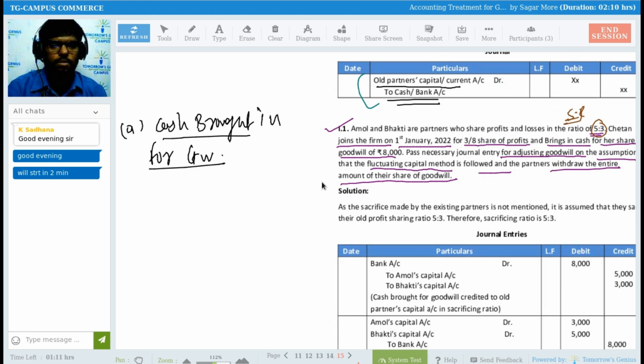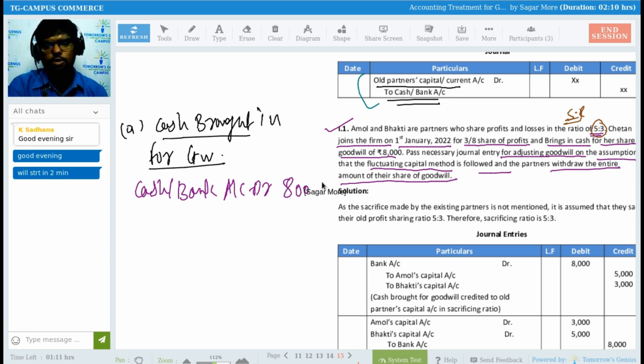Now tell me the entry. So cash comes into the business, so I will be debiting cash or bank account. How much amount comes into the business? 8,000 rupees. The second entry: which method are they following? Fluctuating method, so we have to credit the capital account or current account. We have to maintain which account?